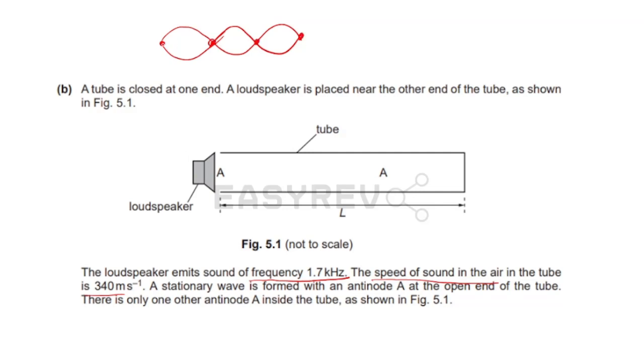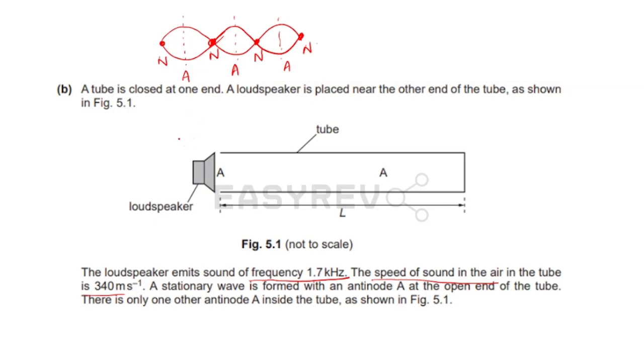These are basically points where there are no displacements occurring for the particle, and those are what we call nodes labeled N. In between consecutive nodes, you have this region or this point where particles exhibit maximum displacement, and those we call antinodes. You can think of antinodes as the opposite of nodes. Where nodes don't undergo any displacement, antinodes undergo the most displacement, right?